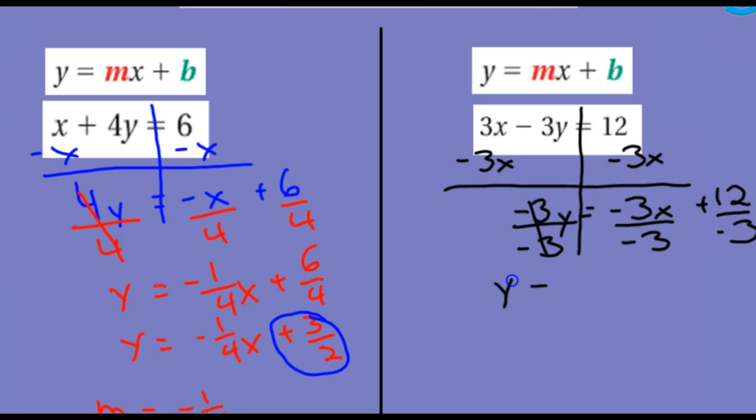So we get y equals a positive 1x. Two negatives make a positive. Plus 12 divided by negative 3, which we get 4. So our m comes before the x, which is 1, and our b is the y-intercept, which is 4.